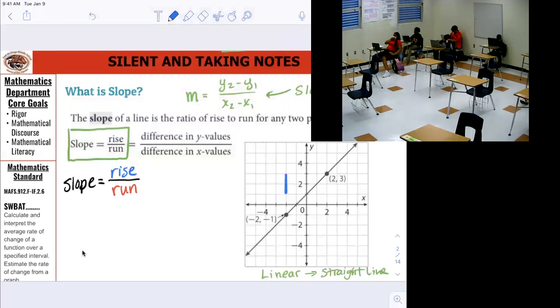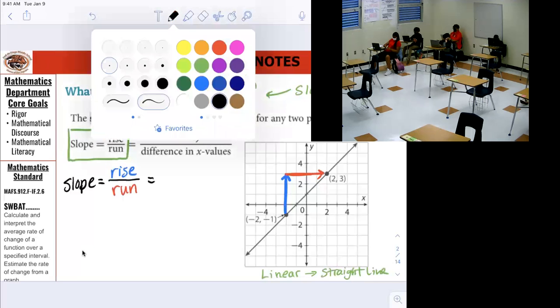So I'm going to make one going up this way, and then the other one's going to go across that way. I'm connecting those 2 points by going straight up and straight to the right.